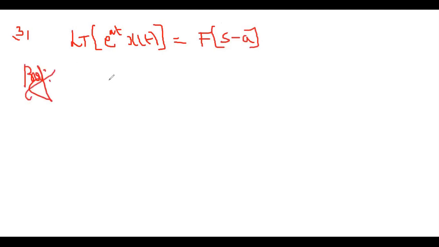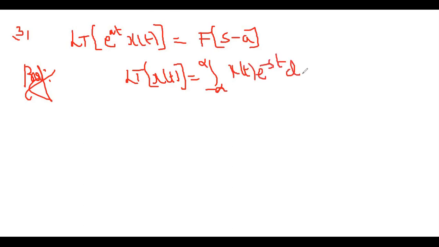I'll take the proof here. What is the definition saying? The Laplace transformation of x of t is equal to the integral from minus infinity to infinity of x of t e power minus st dt.